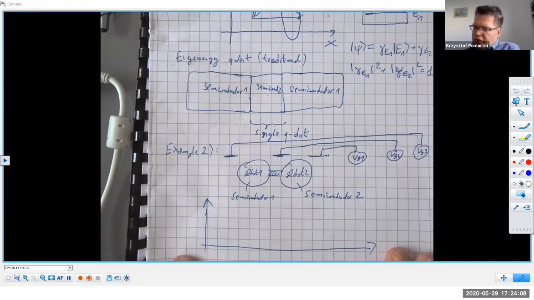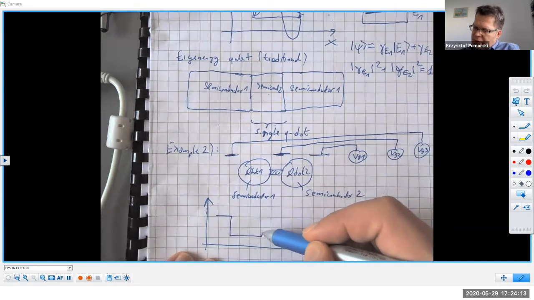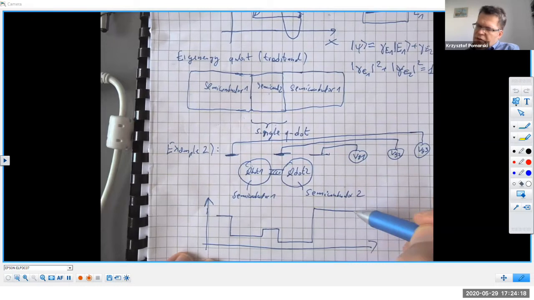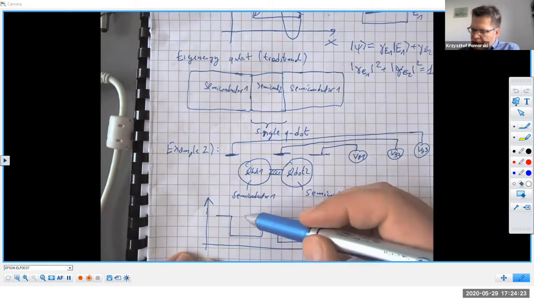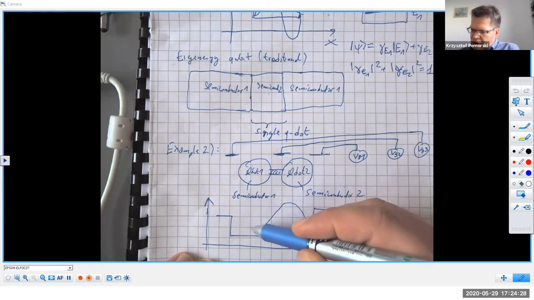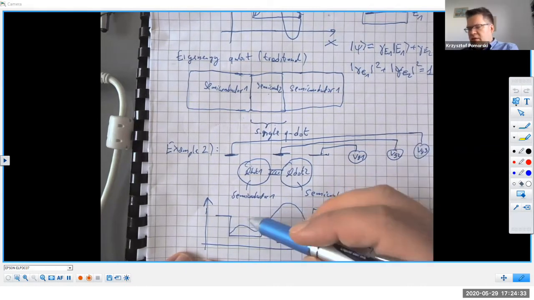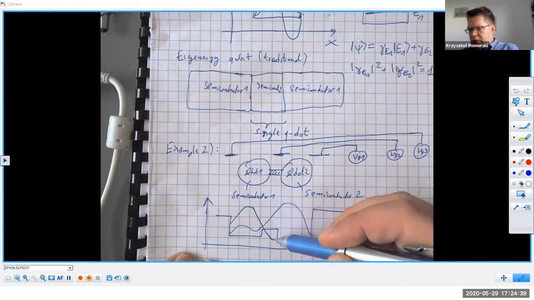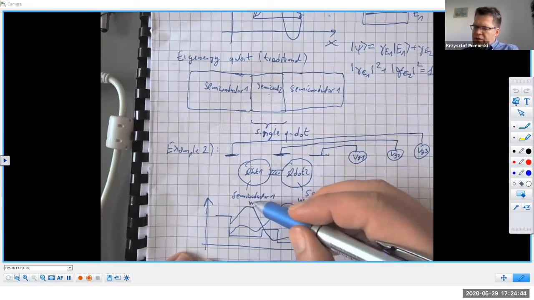So you might have a situation where your effective potential has such a shape, and your wave function is more localized on one side. You essentially have 2 maximally localized wave functions, left and right.